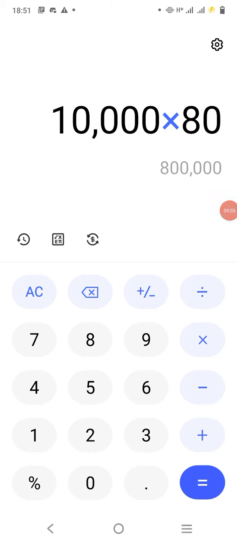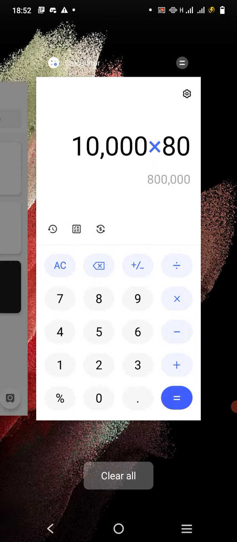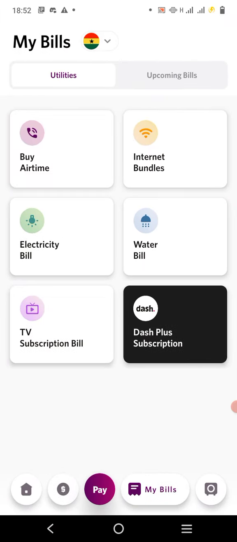You might not need to do the Dash Black subscription on the Nigerian account. It might not be necessary because with this you have access to send about 800,000, which is not even up to 1 million. But for the Ghanaian account, obviously you need to do the subscription.